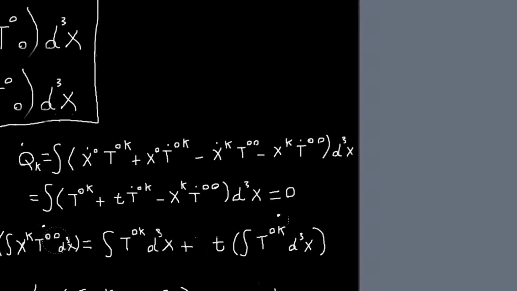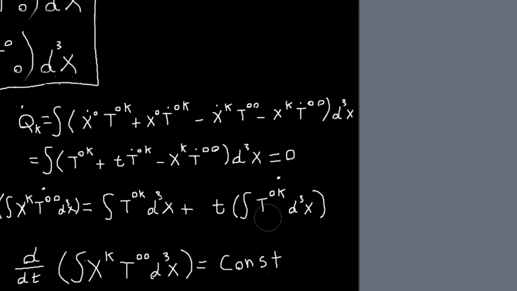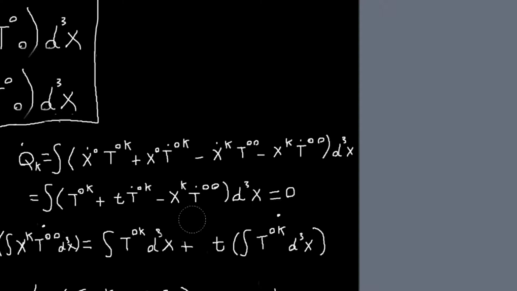So this term is equal to these two terms. And I've moved the time derivatives outside of the integrals, because the integrals are over space, so I can exchange those. So I end up with this expression.